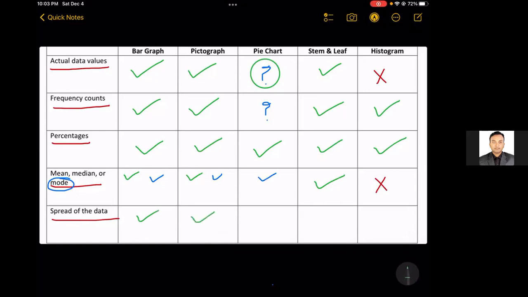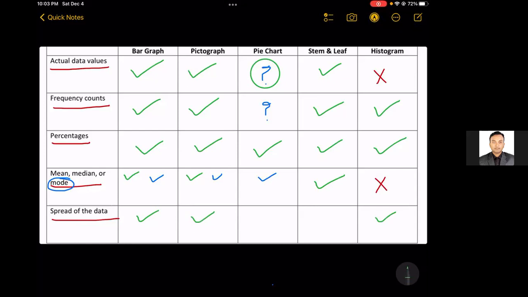For histograms, definitely we can see how spread out it is, because it works really well with ranges. So we can see the range, and obviously you can see the frequencies there. It's a very good observation from a histogram as well.